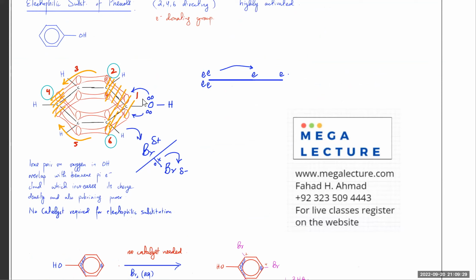So why is the reaction faster? Because the lone pair on oxygen overlaps with the benzene pi electron cloud, which increases its charge density and also its polarizing power. And you can write that there's going to be more attraction for the electrophile. The positive bromine will be more strongly attracted to a higher charge density electron cloud. Is that clear?